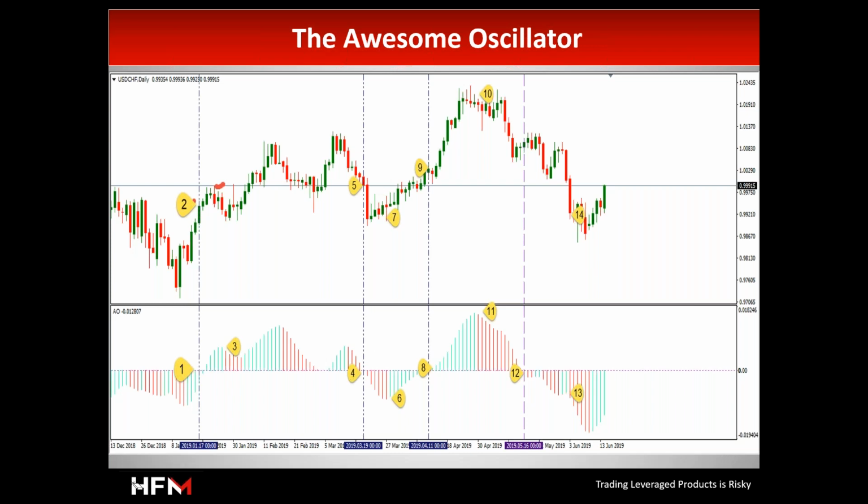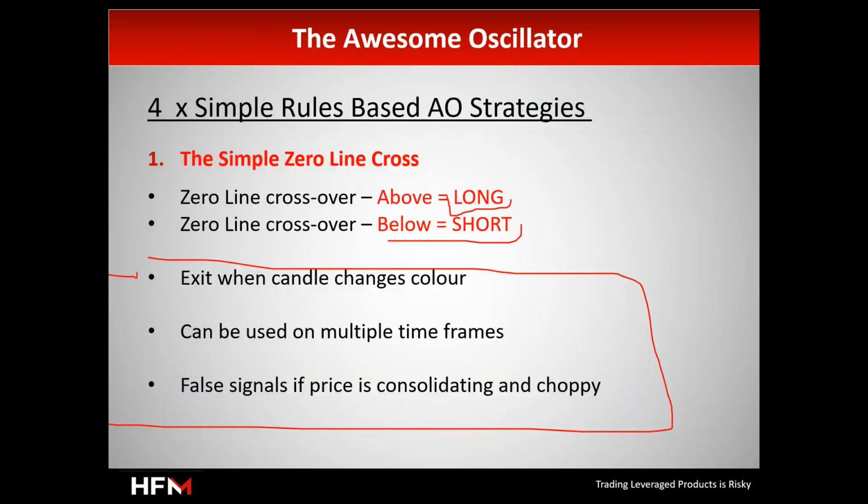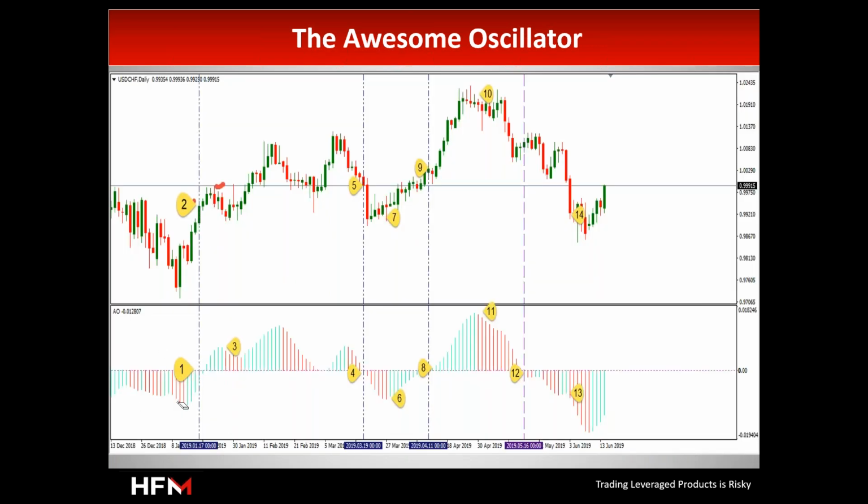So I will take a step backwards and go back to the rules of how to use the Awesome Oscillator. In the third bullet point, we are suggesting that exit should be considered when the candle changes color. Let's do number one again, the long position.